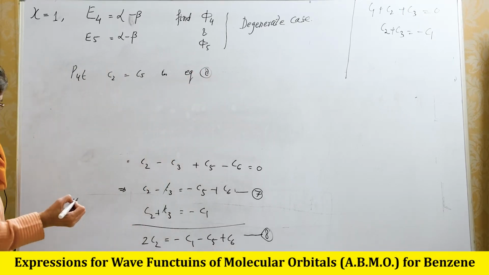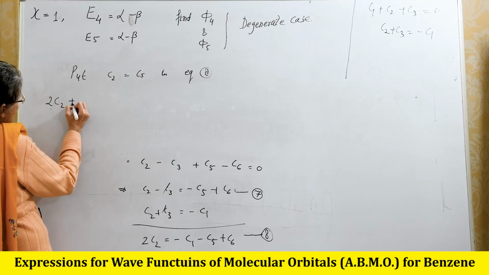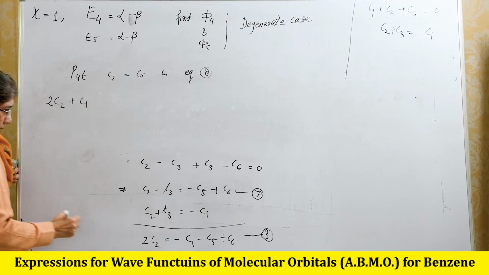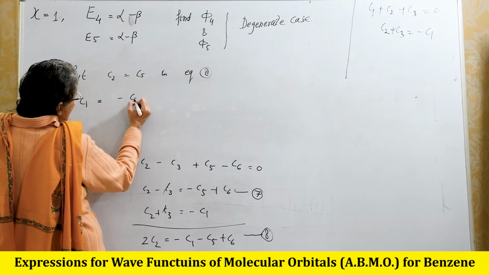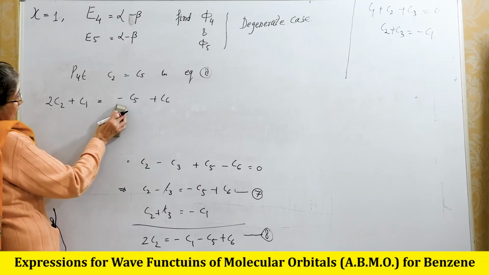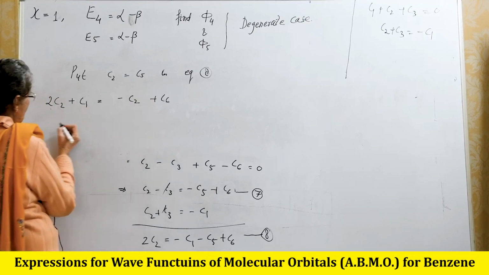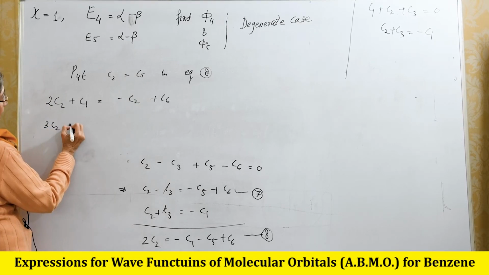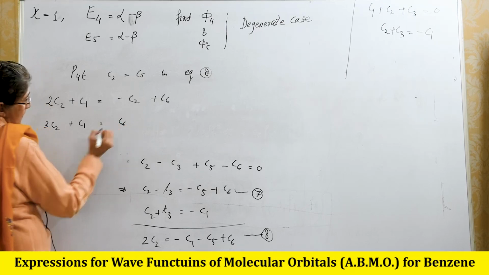We get 2C2 plus C1 is equal to minus C5 plus C6, and if we put minus C2, it becomes 3C2 plus C1 is equal to C6.